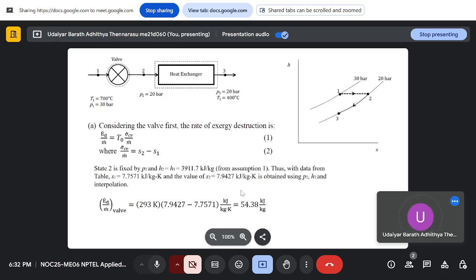So I know both entropies at the inlet and exit of the valve. So my exergy destroyed will be T naught times entropy generated, which is T naught times the entropy change.